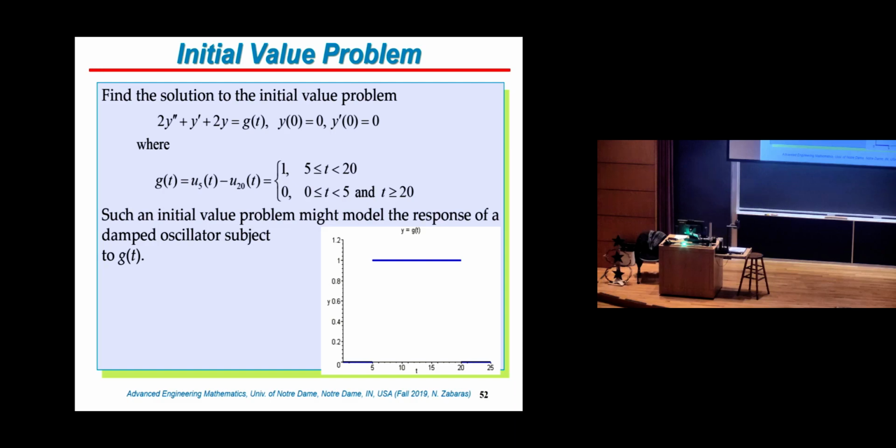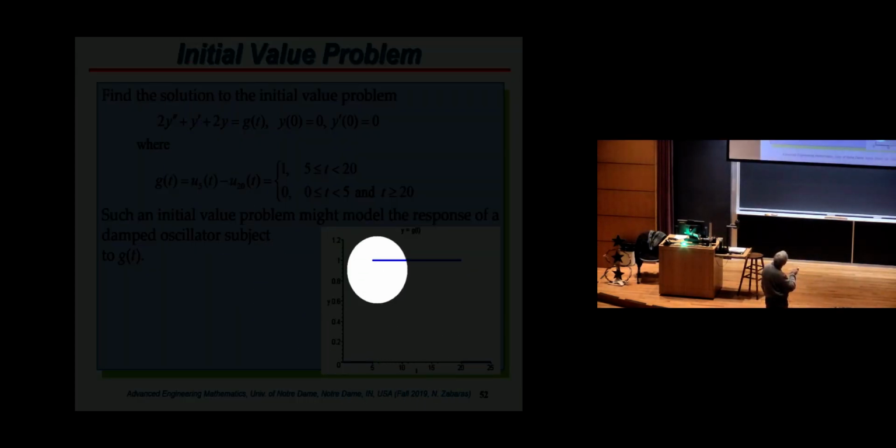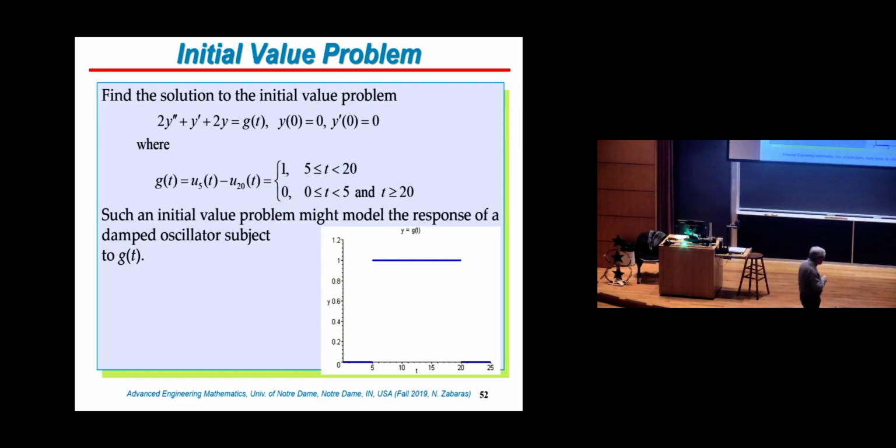Okay, so what is u5(t)? Since you read all the notes, it's a step function that starts at what time? At time 5, okay? So basically, you start with a unit step function at time 5, all right? And because you want to have 0 at time 20, you have to subtract a step function u20, okay?